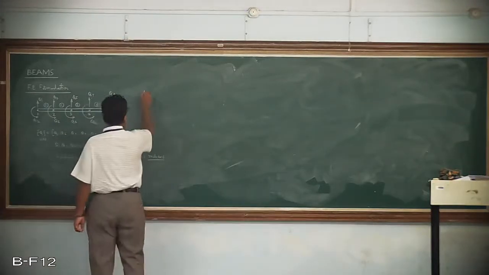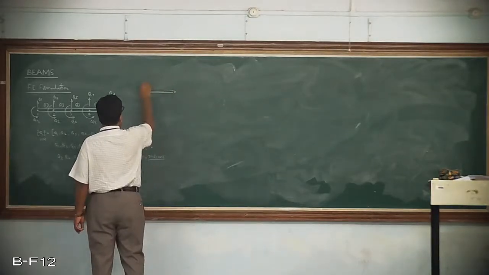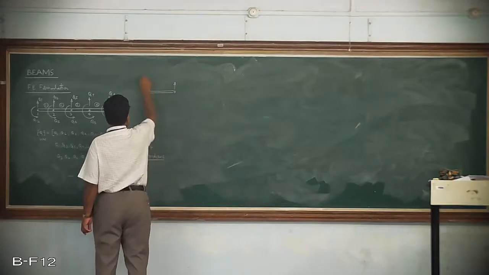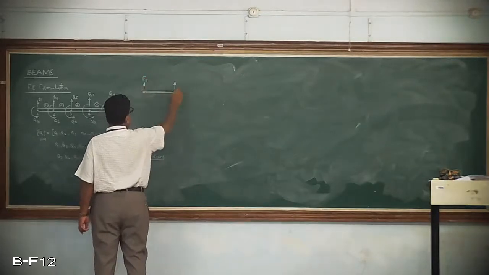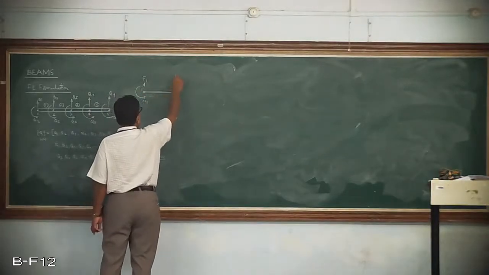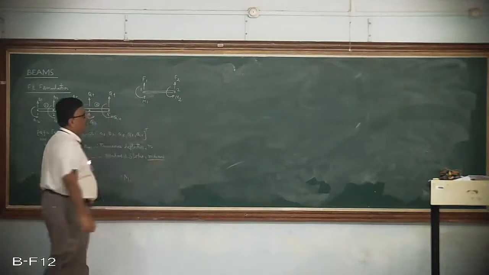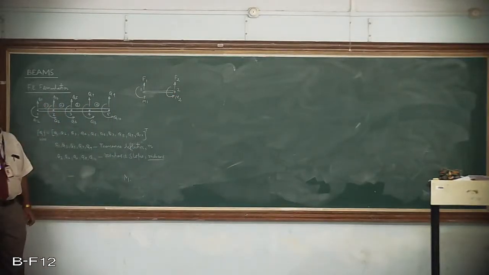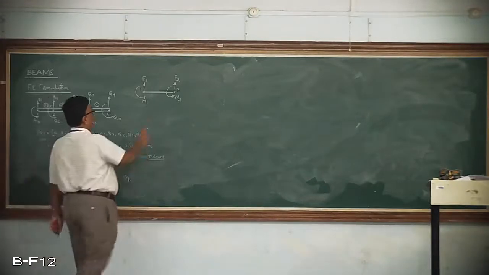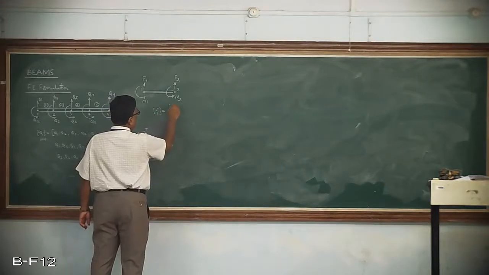When it comes to the force to be applied, for example, you have a force here. There are always two: F1 and M1 are the loads applied at node 1, and F2, M2 are the force and moment applied at node 2. So the force vector consists of one force, one moment, one force, one moment at the other nodes like this.